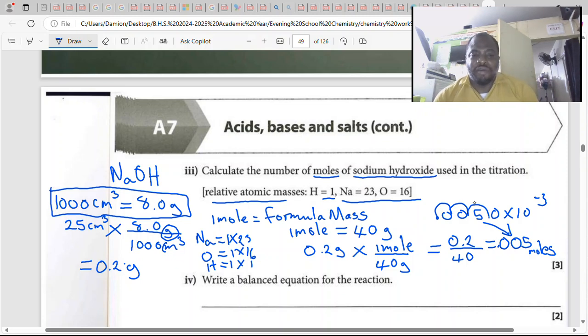Now it says write a balanced equation for the reaction. So again, what is it that we know?